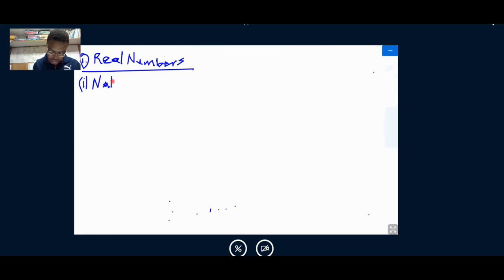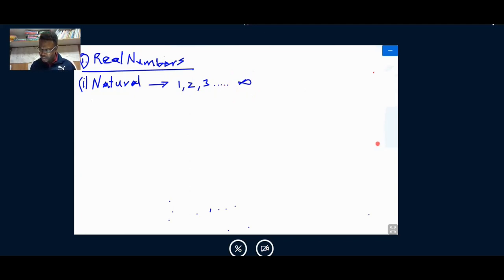Natural numbers. It's numbers starting from 1. They start from 1, 2, 3, up to infinity. This sign stands for infinity.